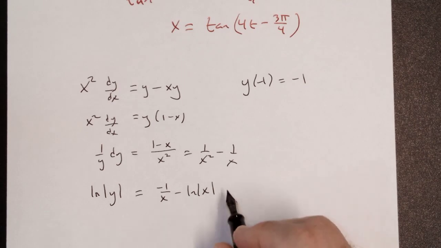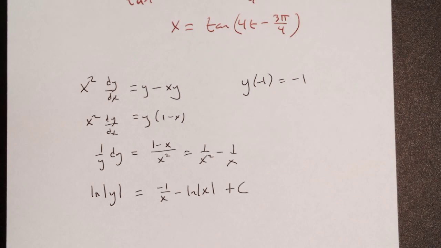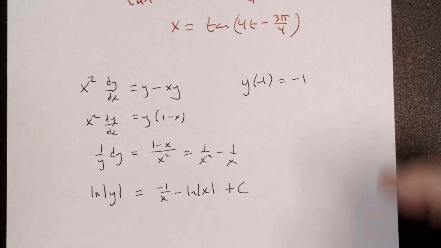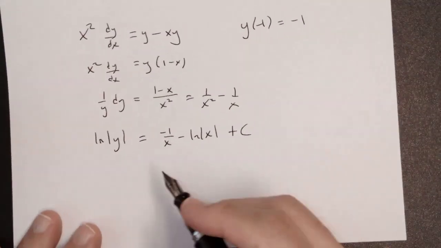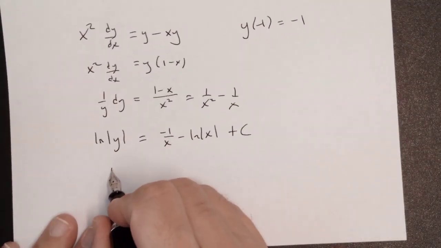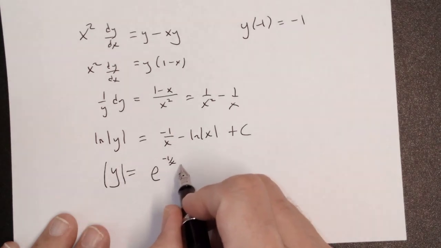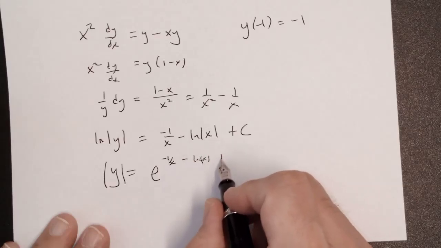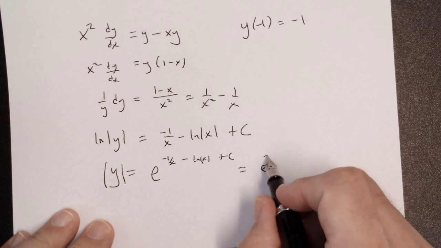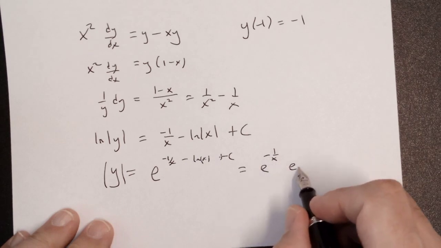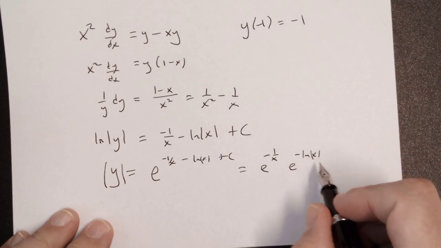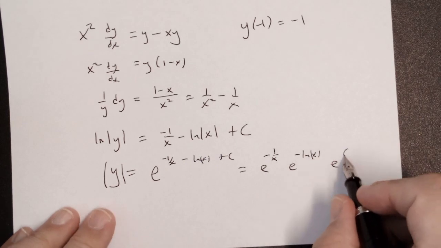Oh, wait, there's plus c. Can't forget my plus c. Jalen, using your technique about separating, when I do an E, I'm going to get rid of the ln by making an E. So this becomes y, absolute value, is e to the minus 1 over x minus ln of x plus c, which is e to the minus 1 over x times e to the negative ln of x times e to the c.